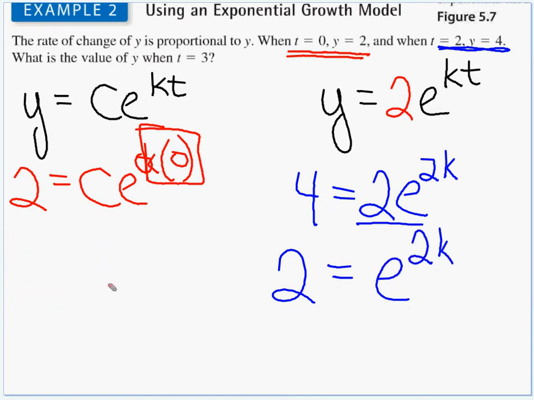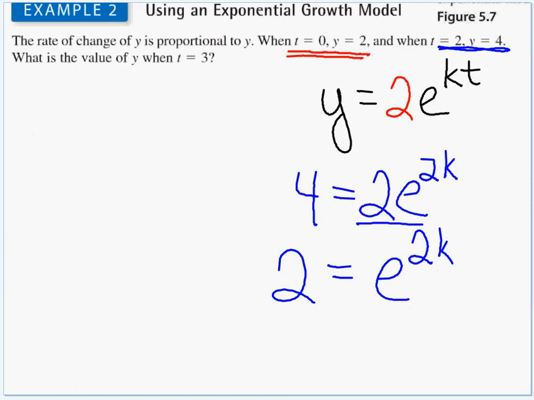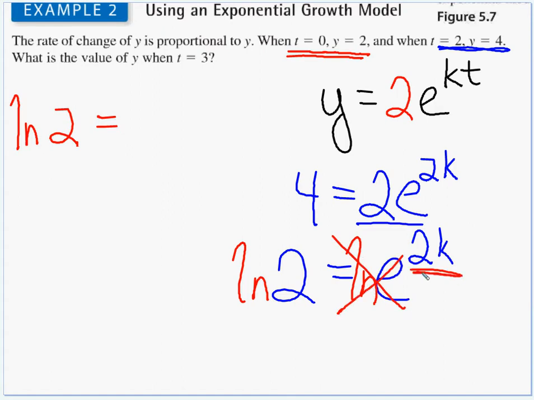All right, we want to solve and get k by itself. How do we get rid of the base e? Natural log. So the natural log of 2 is equal to ln and e cancel, so the answer over here is 2k.